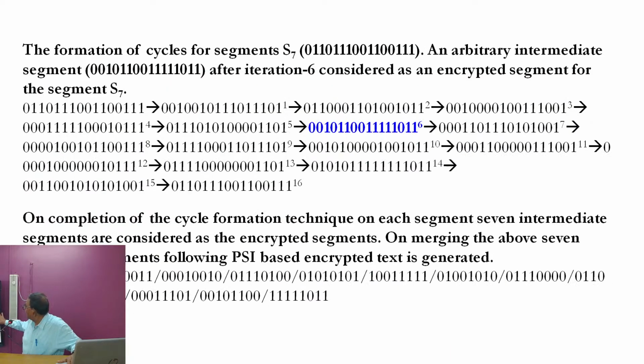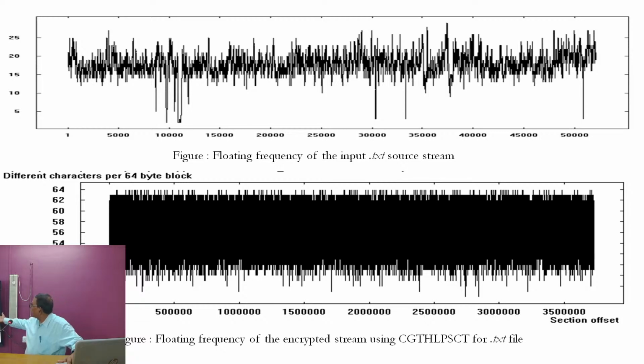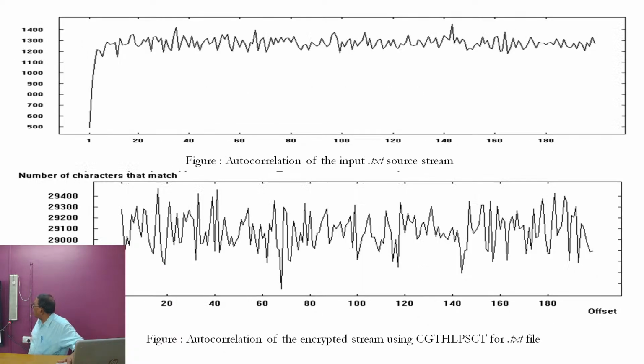I am not going into all the computations and all that. You see that the frequency distribution is enormously improved, and the plotting frequency also improved a lot. And then we are getting a good autocorrelation also.